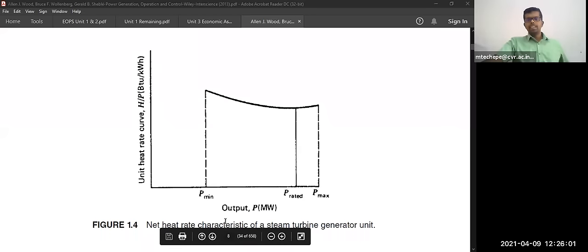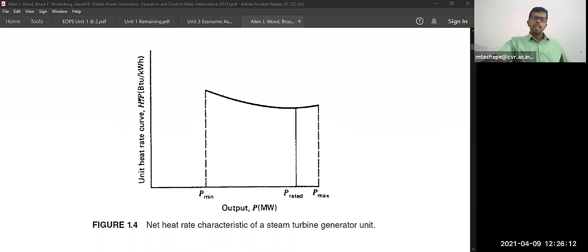Next, net heat rate characteristics of steam turbine units. Here we are taking the unit heat rate curve, that is H bar P, in BTU per kilowatt hour. The heat generated in that boiler starts at around 1000 degrees Celsius, mentioned here as British thermal units per kilowatt hour.